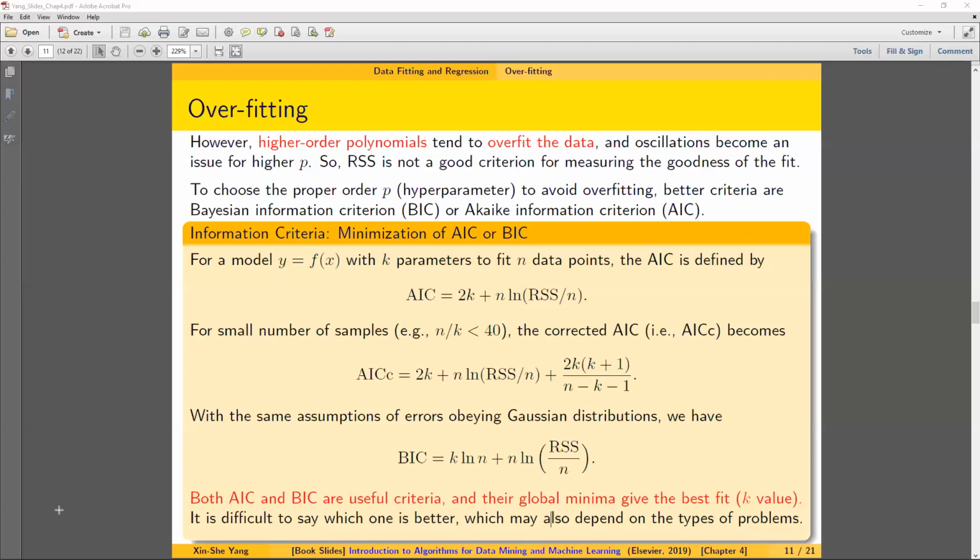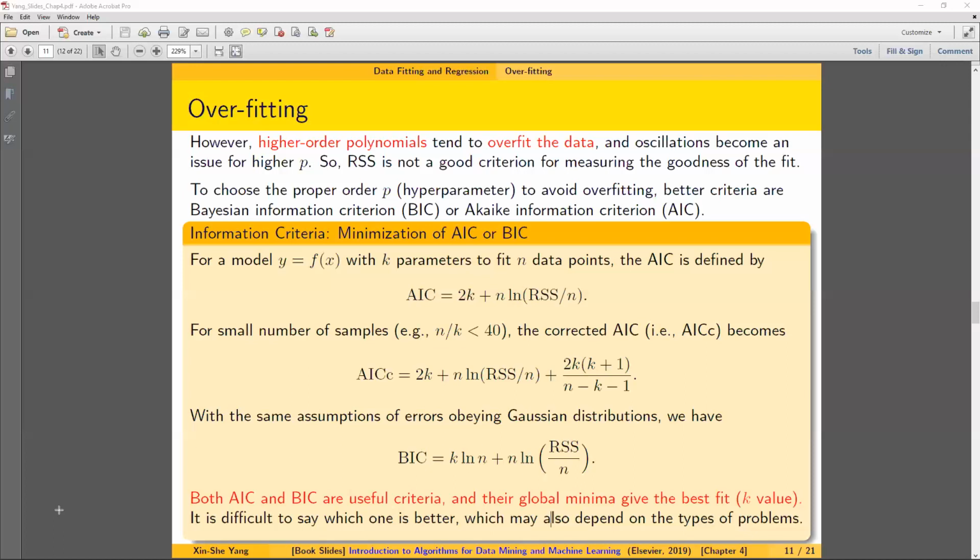Quantity-wise they are different, but they are related because you are able to represent AIC by BIC or the other way around. AIC is defined as 2k plus n log(RSS divided by n). n is the number of observations, RSS is the residual sum of squares, and k is the number of parameters used to fit the n data points.